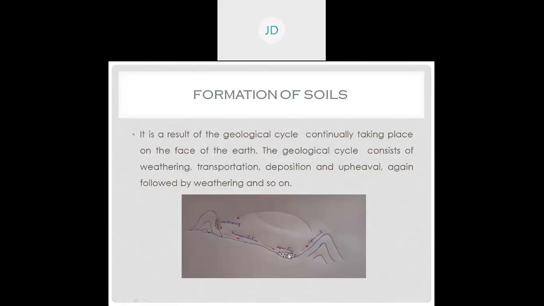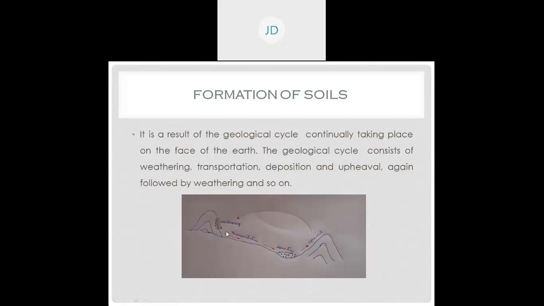The transportation mode may be air, wind. Wind can also carry them. Suppose a wind is going in this direction; rock particles which are very fine and light can be moved from one place to another. So wind is a mode of transportation.